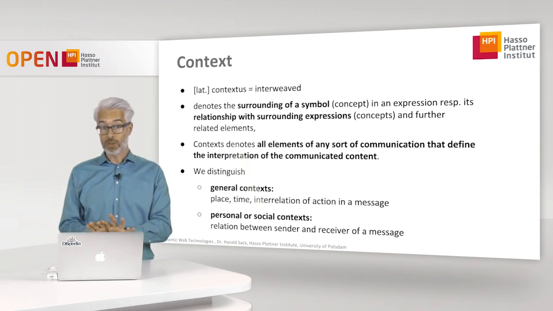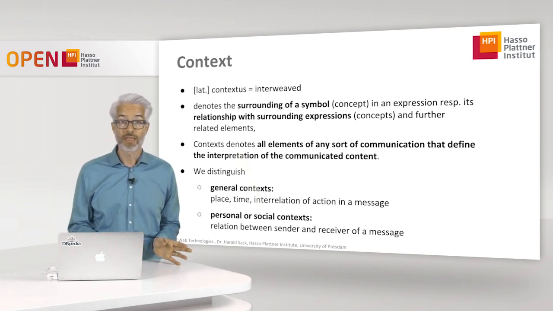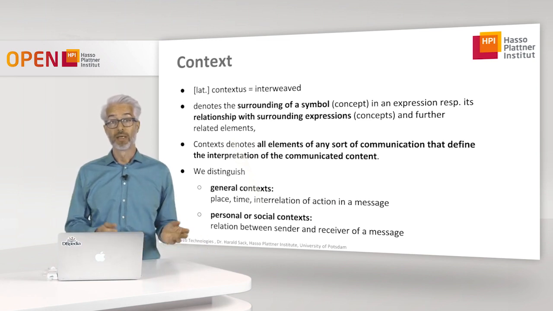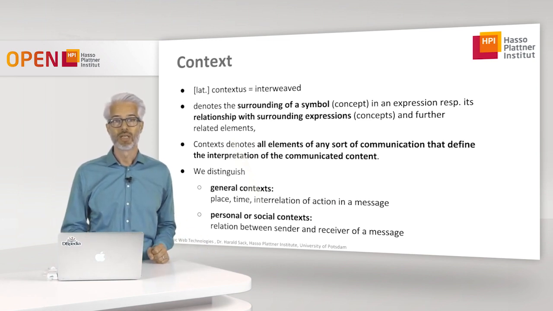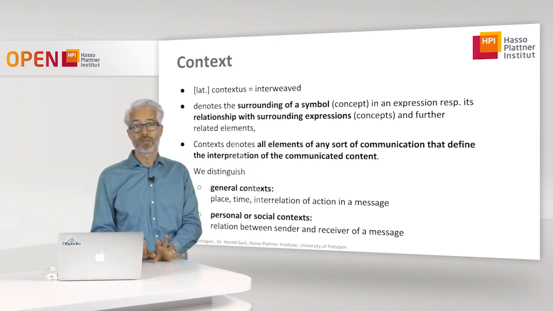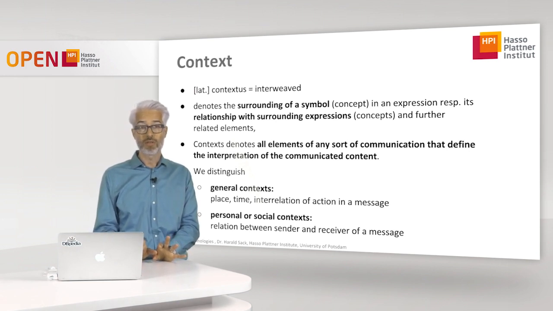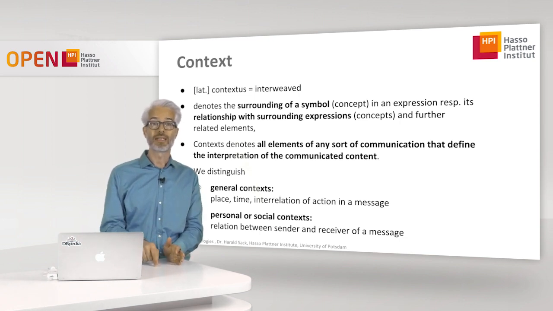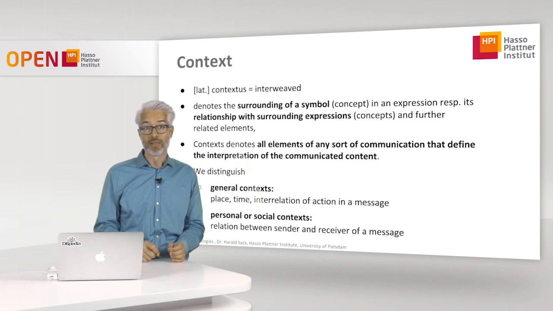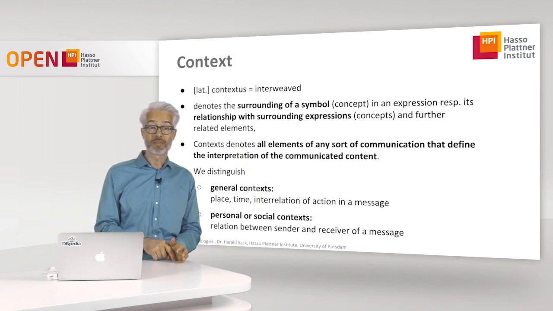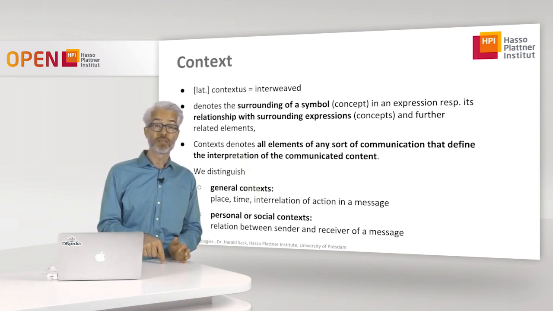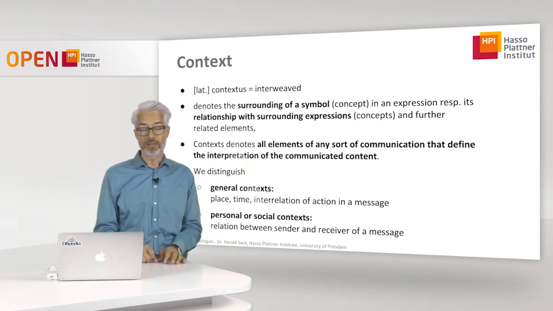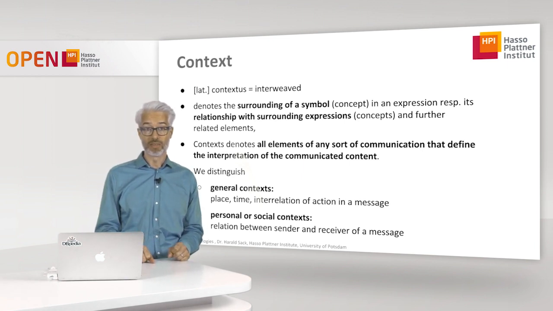So usually we distinguish between the so-called general context, which is place, time, and interrelation of action in a message, and the so-called personal context. So because sender and receiver, of course, they have a rather personal context, and of course the relation between sender and receiver and the relation between, for example, persons or things which are mentioned within the message that is passed and the sender and the receiver, they are also important and determine how the message then in the end will be interpreted.